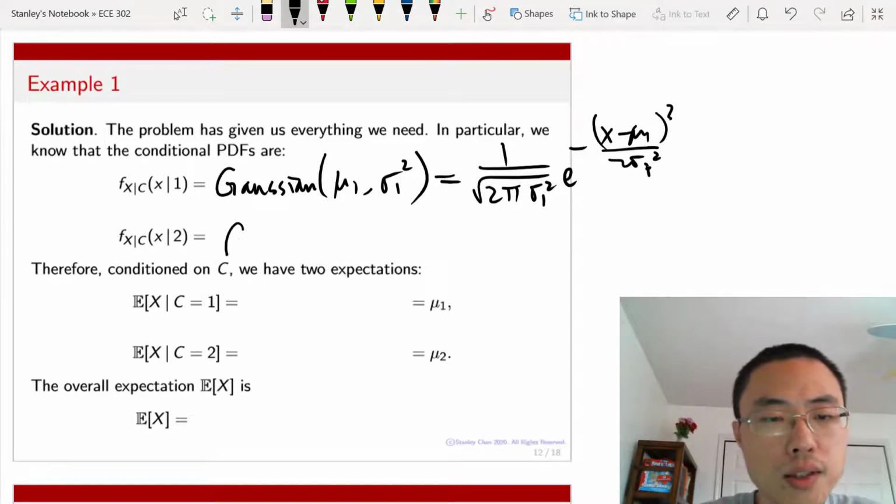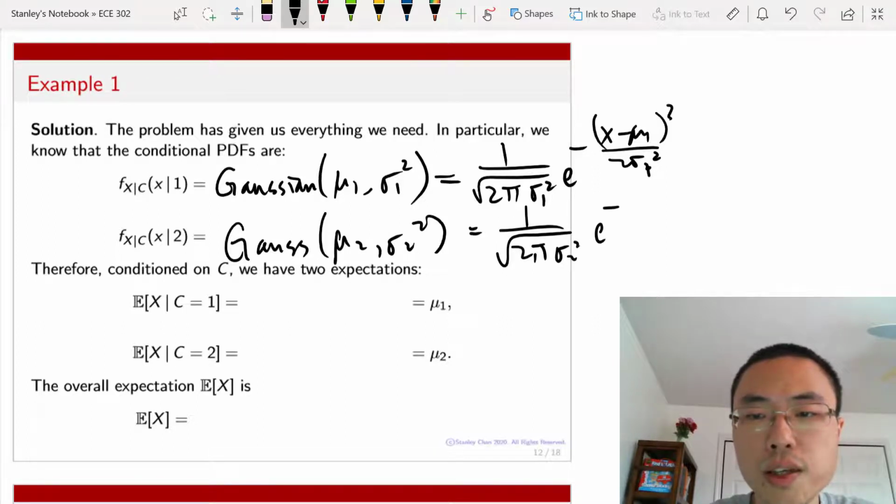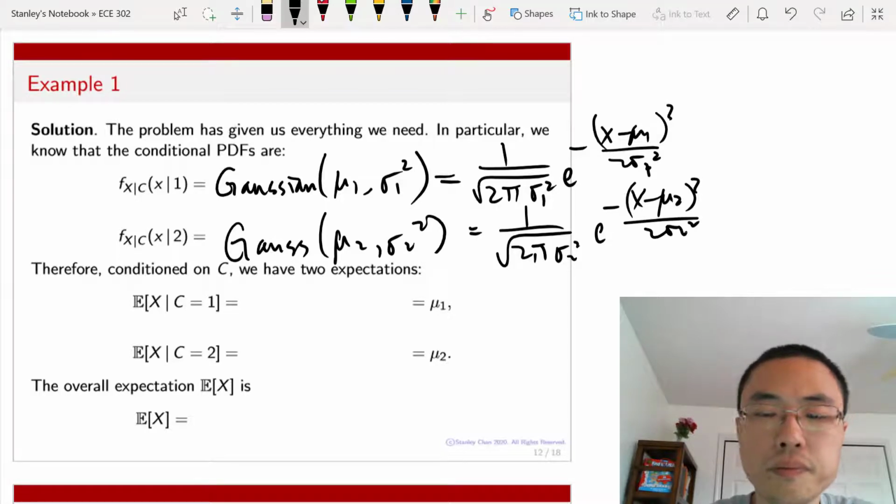The other class is Gaussian with mu2 and sigma2 square, and it will be the same formula but just replace the mean and variance by the specific class. This should be clear because you need to land on a particular class in order to define the Gaussian.